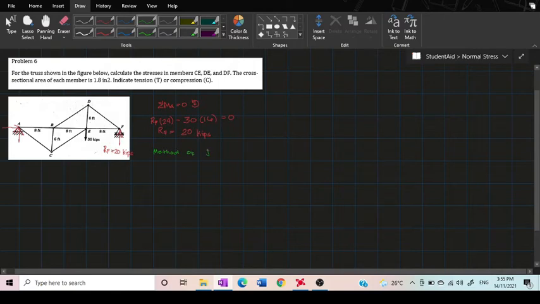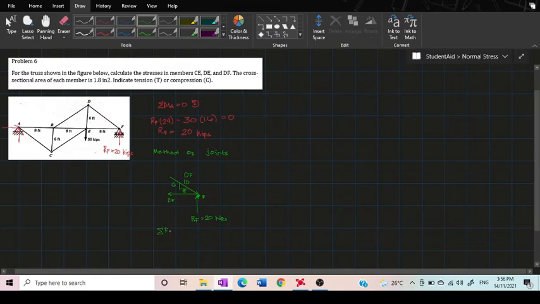Let's start at point F. Assuming that we have a downward force, we have 6 and 8, and this will be 10.